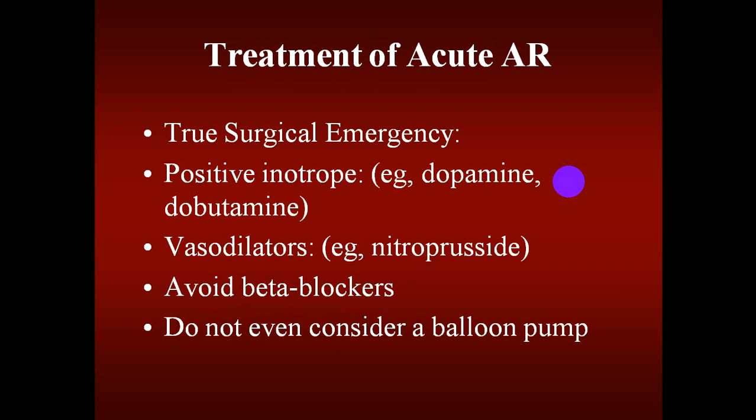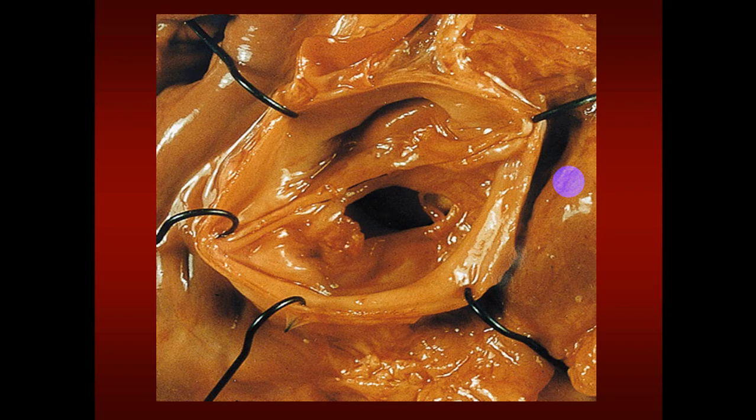Before surgery, give a positive inotrope like dopamine or dobutamine, and a vasodilator like nitroprusside infusion. Avoid beta blockers, and do not even consider intra-aortic balloon pump counterpulsation in acute aortic regurgitation. This is a gross picture of acute aortic regurgitation with a fenestration hole in the aortic cusp.